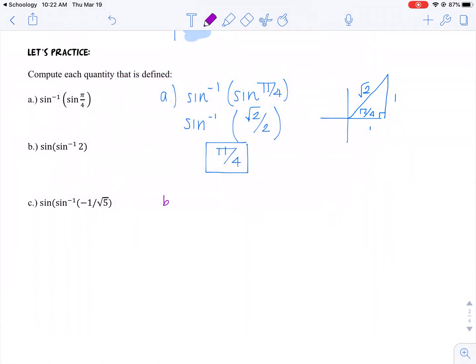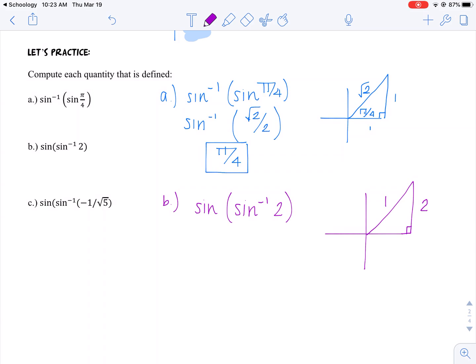Part B, we're doing sine of sine inverse of 2. So I'm going to draw my picture. I know sine inverse is only in the first and fourth quadrant. It's positive, so I'm just going to draw it right here. So this is 2 over 1.